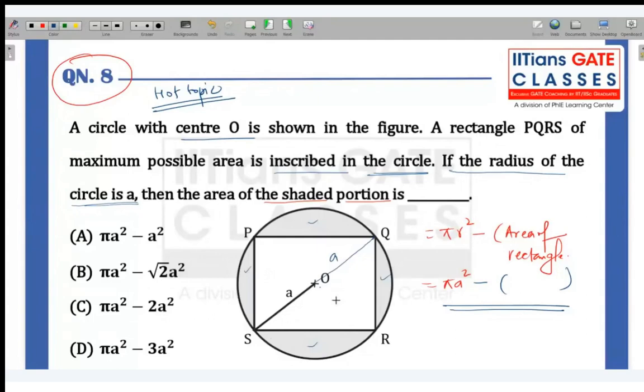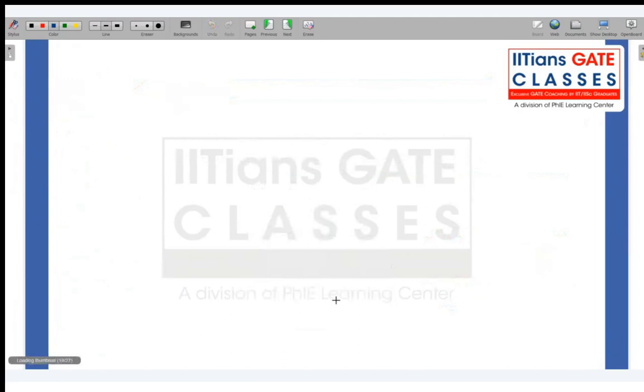Let us try to solve this question. Suppose this is a circle, and we know the area of a rectangle is length into breadth.